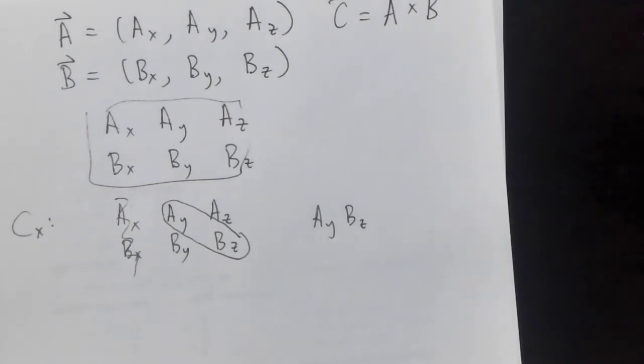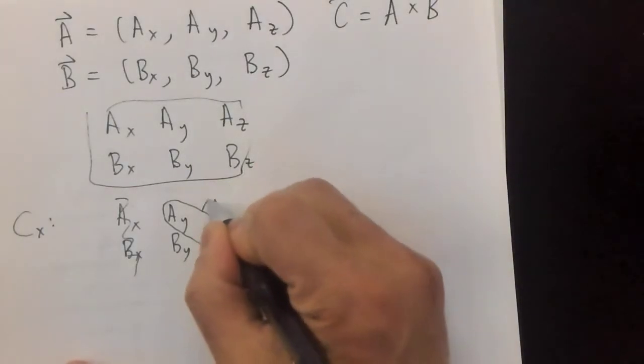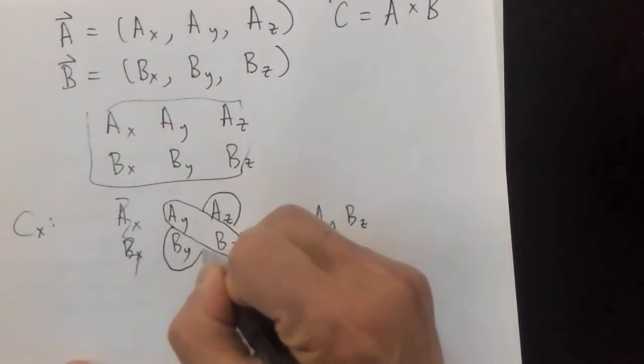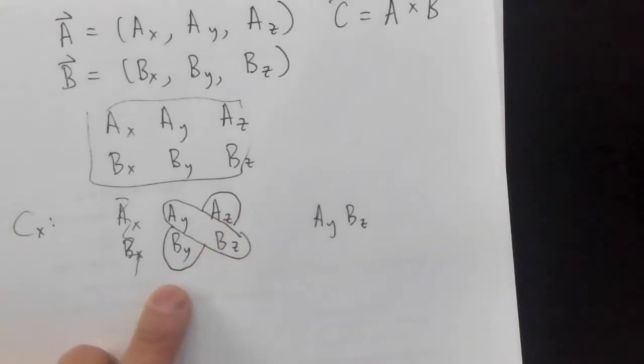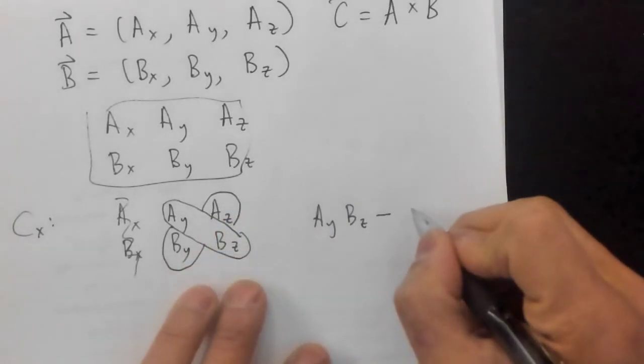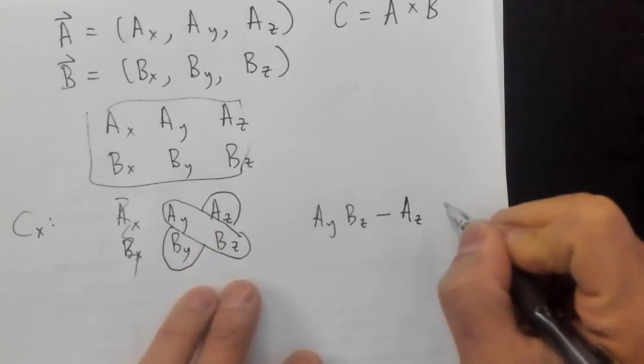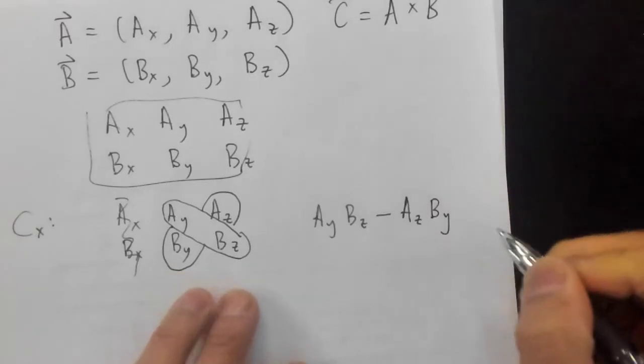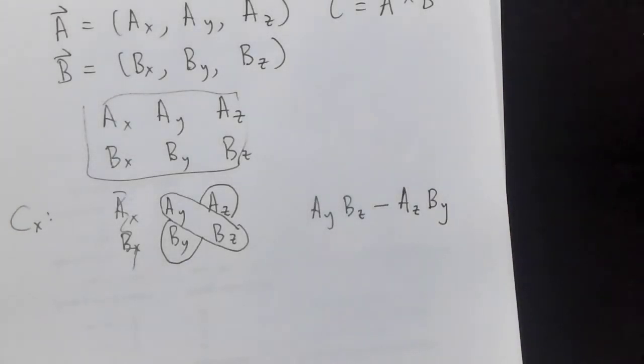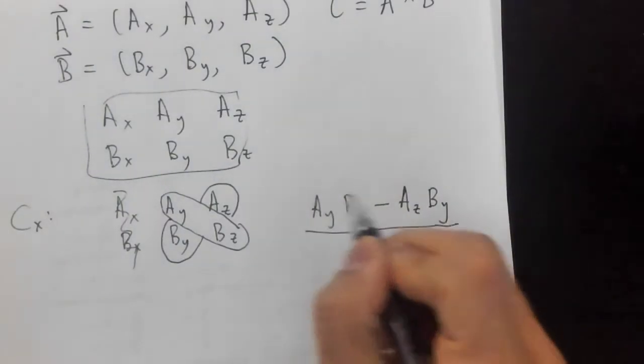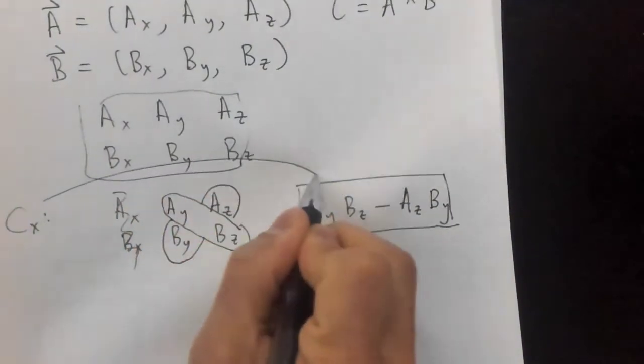Okay? Everybody good on that? Okay? And then these are what are called the off diagonals. These guys here. I'm going to multiply these together, but I'm going to subtract the product of those, AZ minus BY. Okay. And that is the formula for CX.